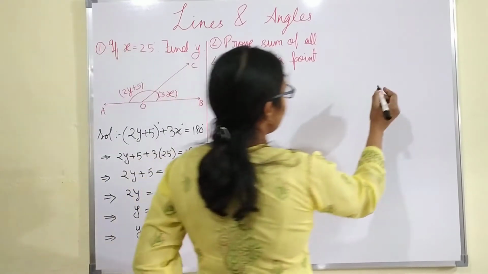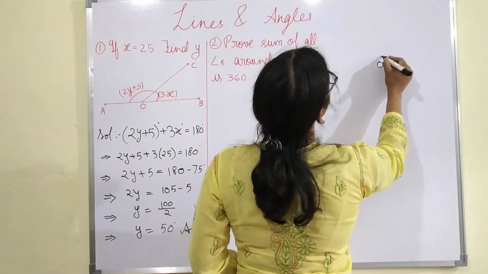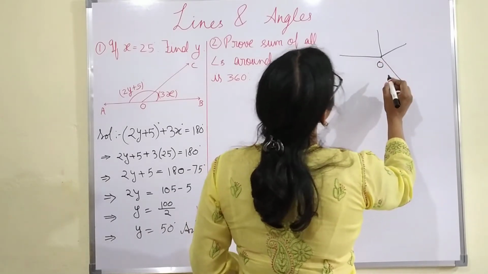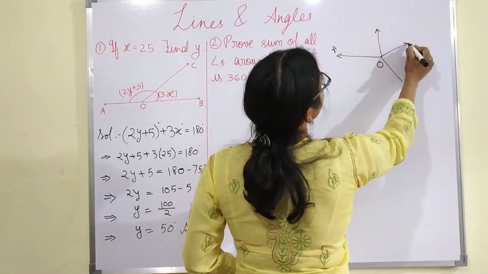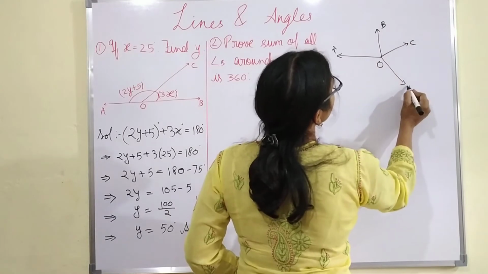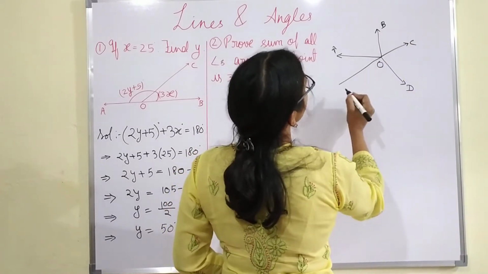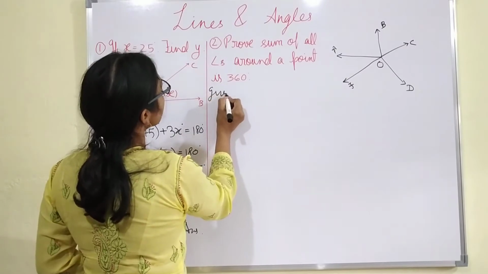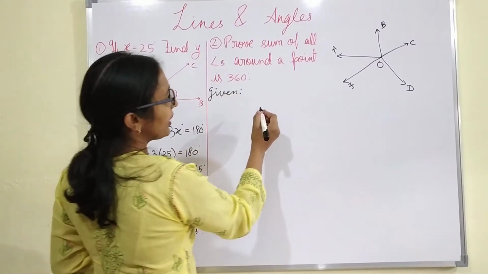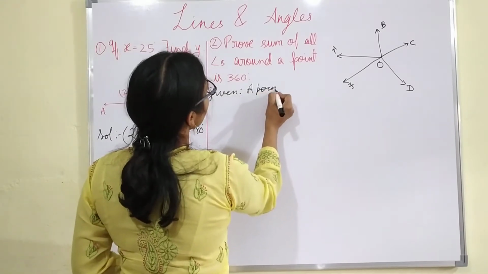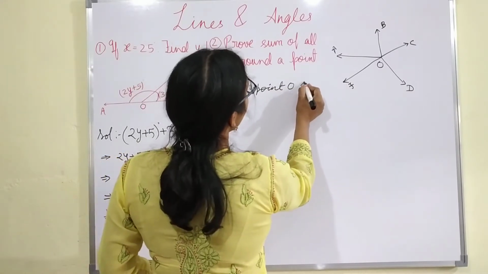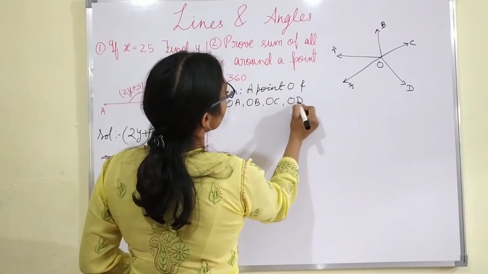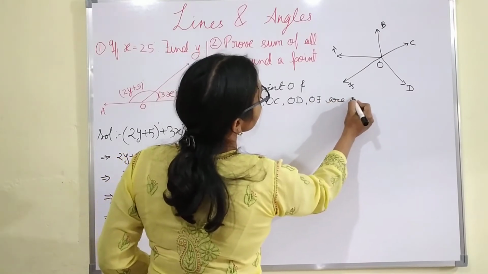Given is, first I am drawing, it's O. Now A, B, C, D, F. So given is a point O, and OA, OB, OC, OD, OF are rays.